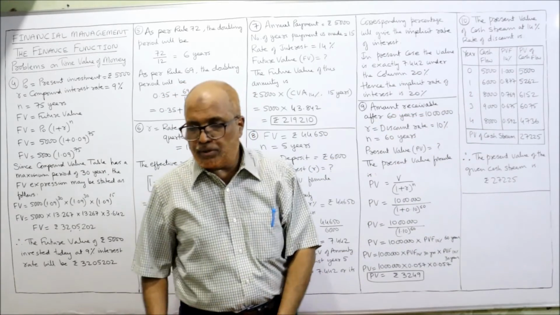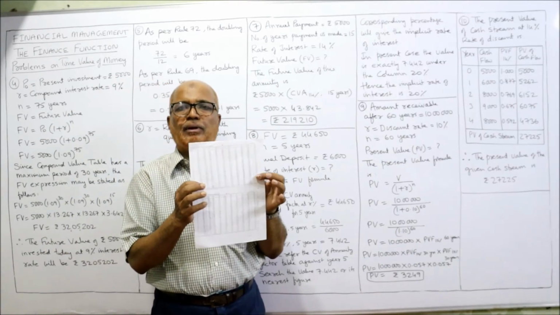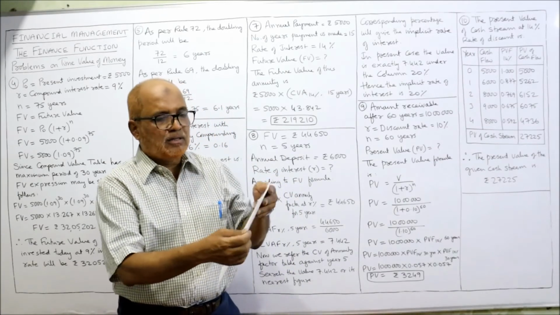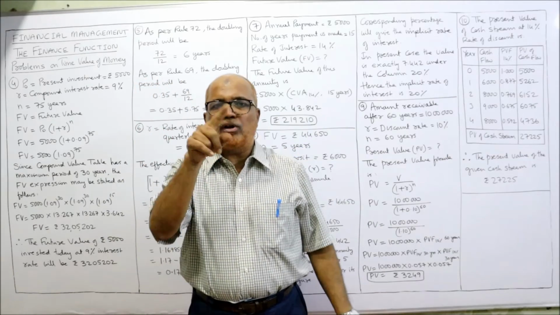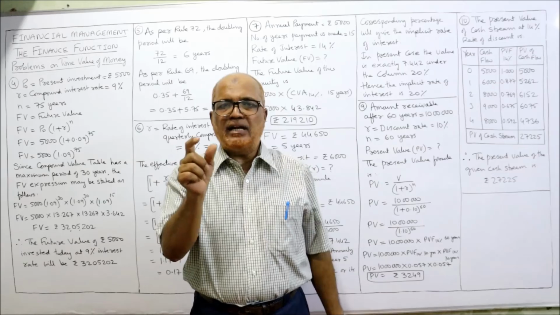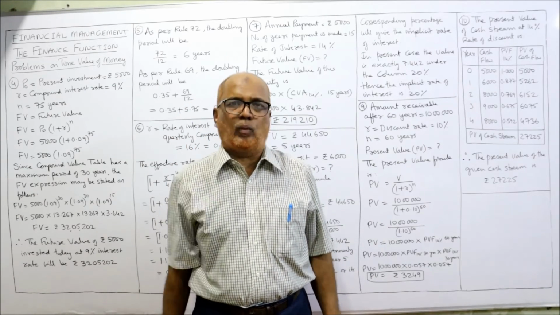Now we need the 14% PV factors, so refer to the present value table, column 14%. First of all, remember for year 0 the present value factor is always equal to 1.